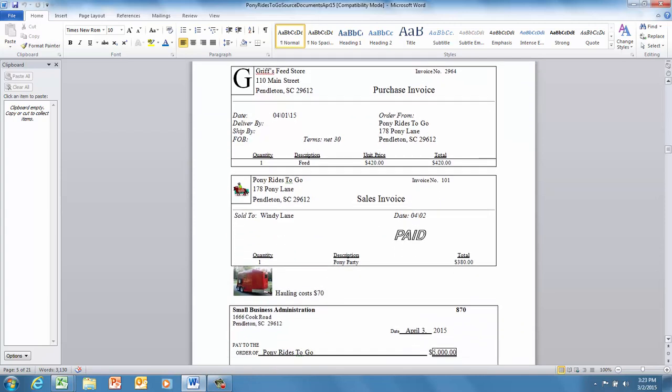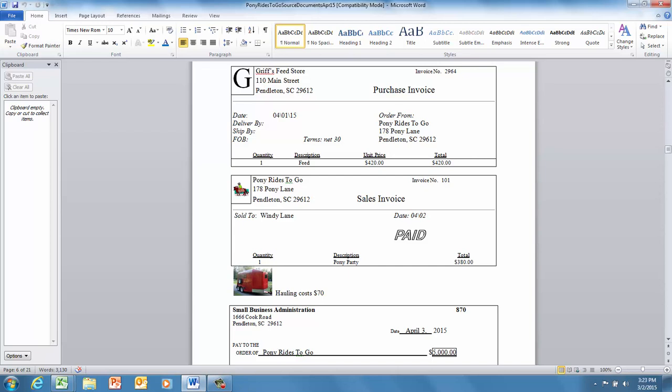The next transaction, here we are the seller, and the buyer is Wendy Lane. And she bought from us a pony party for $380 on April 2nd.